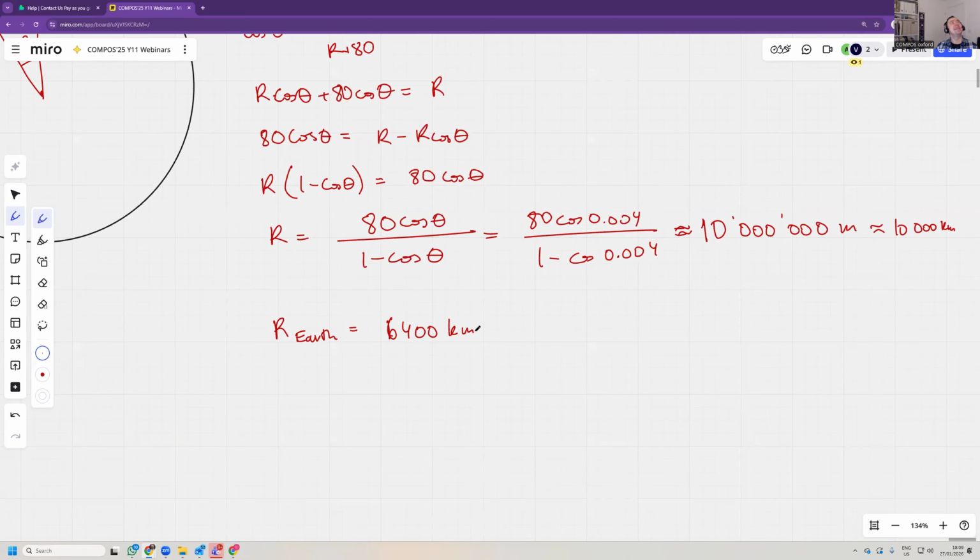So all you need to measure the radius of the Earth is to get your friend to swim into the sea until you stop seeing them. And if you measure the distance to that person, then you can find the radius of Earth.